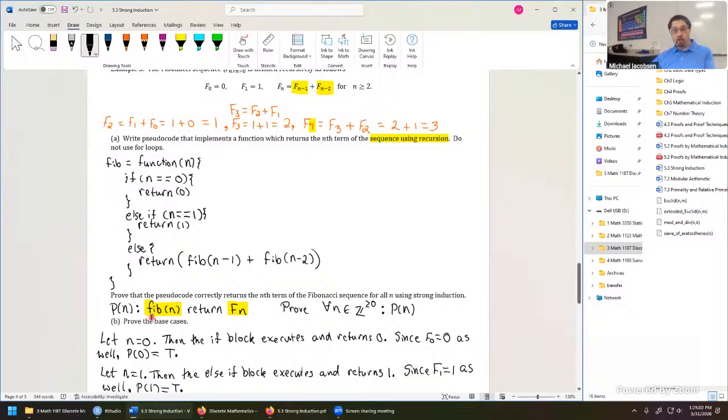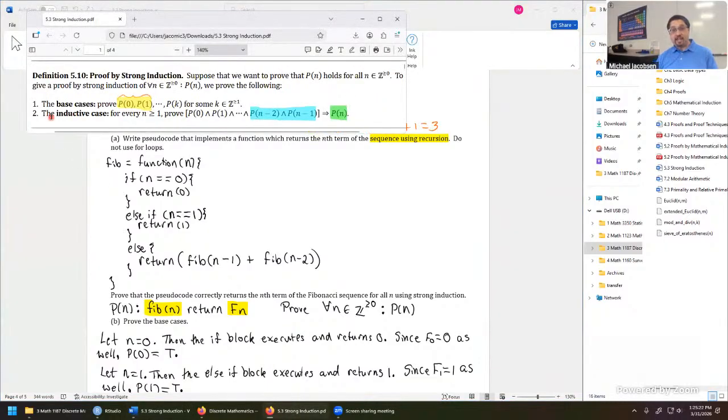The left-hand side, whatever it's returning, is the same as the right-hand side, giving us the correct nth term of the Fibonacci sequence. Now we are essentially just double checking that we have those terms. We need to show it works for all terms n greater than or equal to 2. So that's where we jump into the inductive case. Any questions first before we go to that next phase?